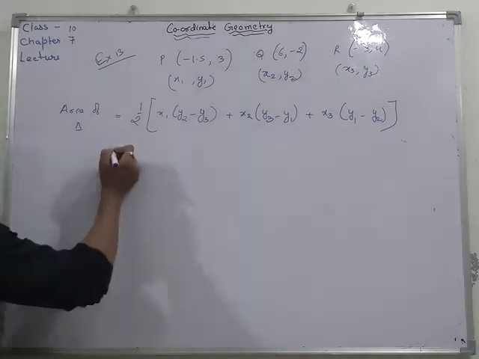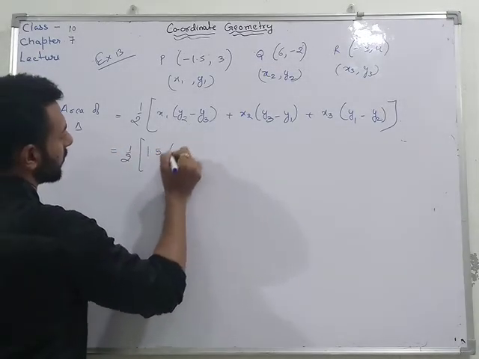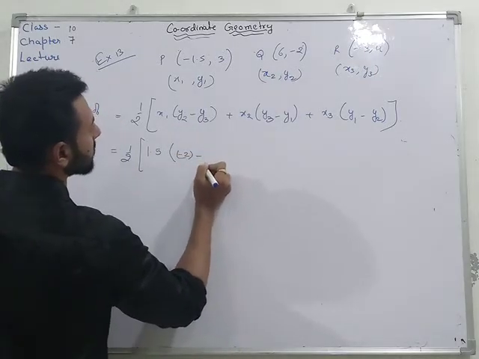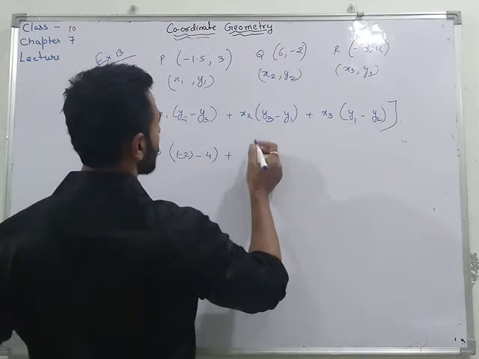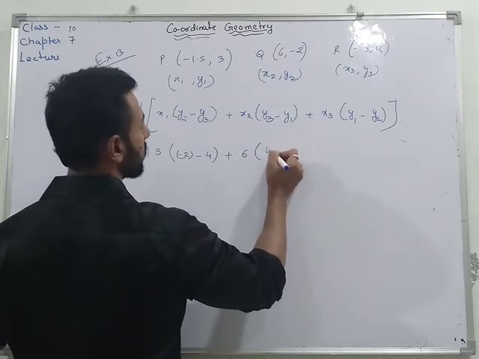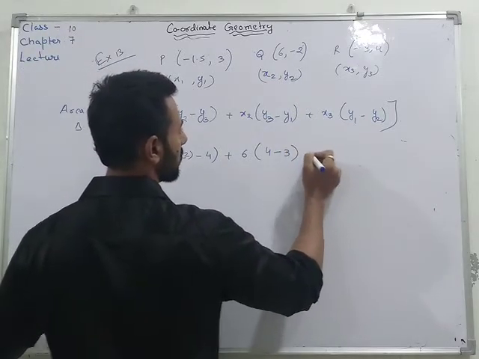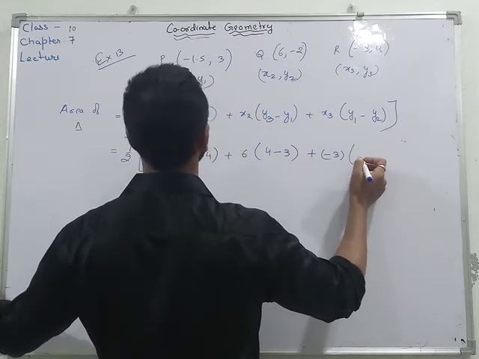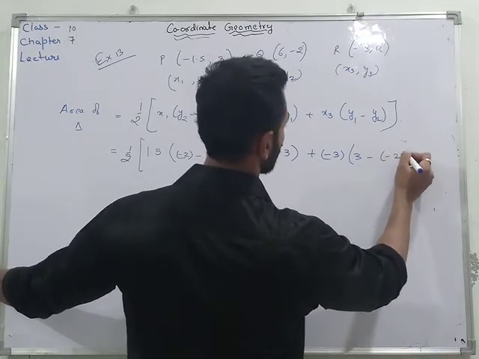Substituting the values, we get 1 by 2, 1.5 into y2 is minus 2 minus y3 is 4, plus x2 is 6, y3 is 4 minus y1 is 3, plus x3 is minus 3 into y1 is 3 minus y2 is minus 2.